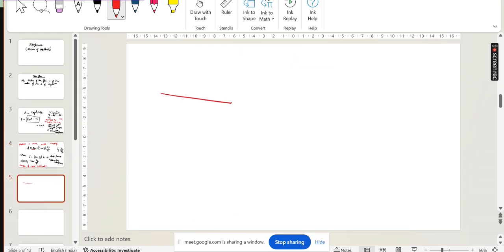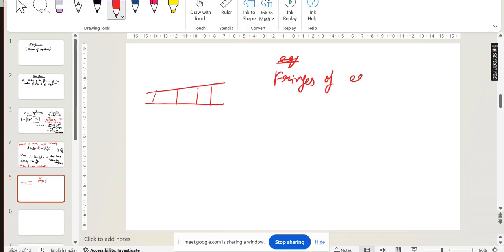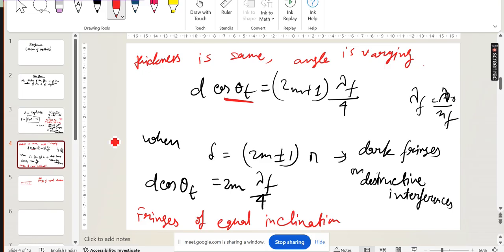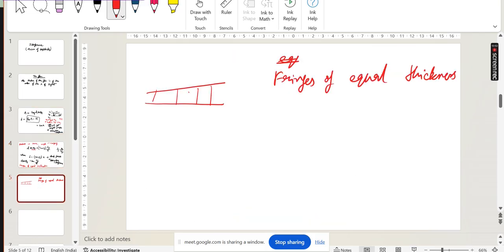But when the thin film is made by a wedge kind of surface, you can see the thickness is changing and the inclination is almost the same. Those fringes are called fringes of equal thickness. So in fringes of equal inclination, the thickness is constant. In fringes of equal thickness, the angle is constant, almost, or small.